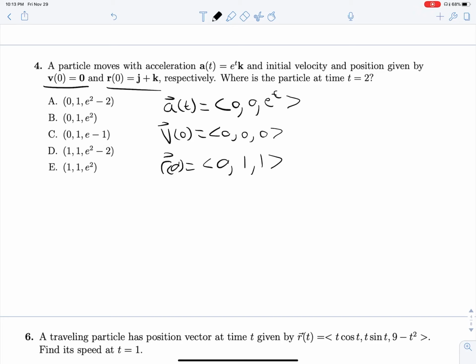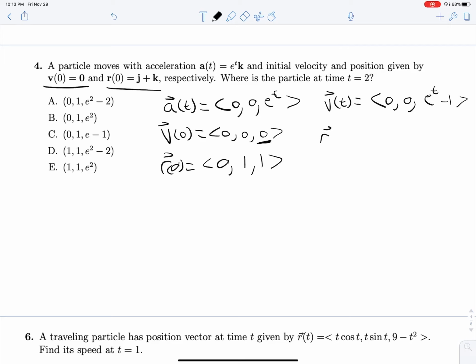So integrating, we're going to find that v of t is 0, comma 0, comma e to the t minus 1. Because for t equal to 0, we're going to get 1, and we need our z component to be 0. So we have to add a constant of negative 1.